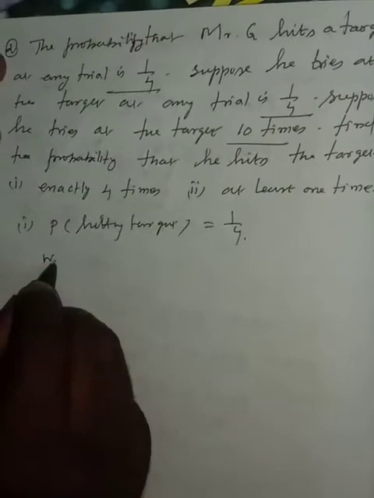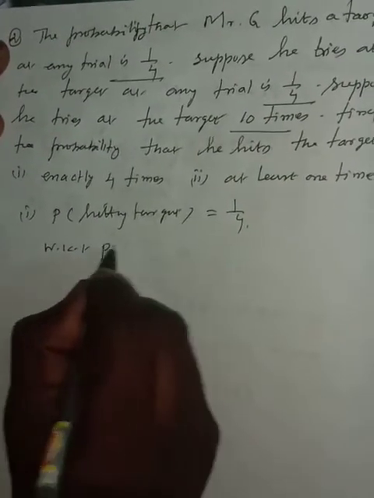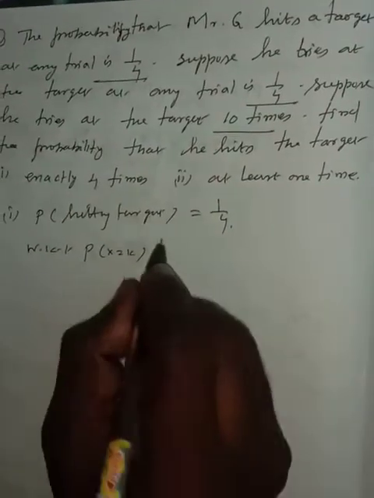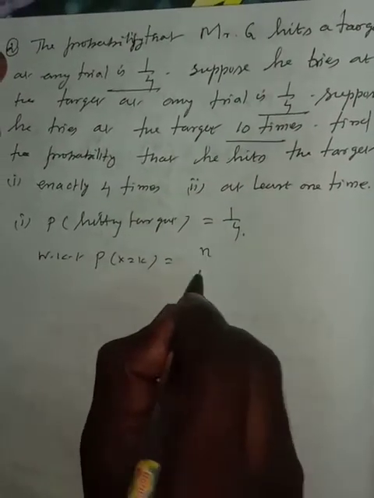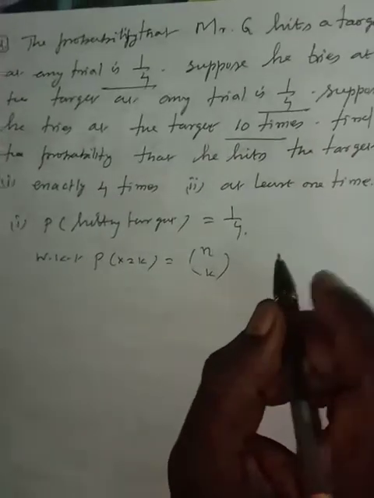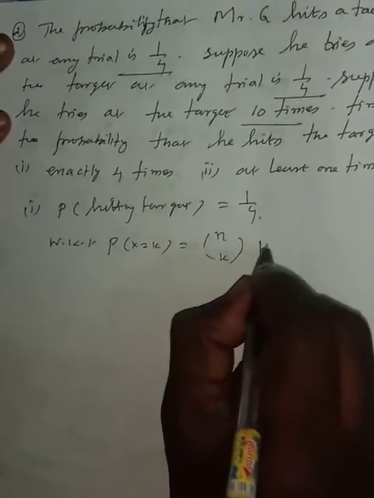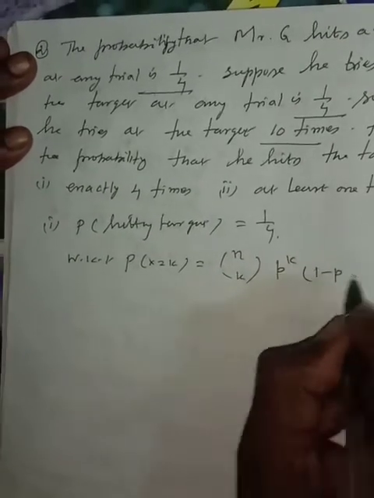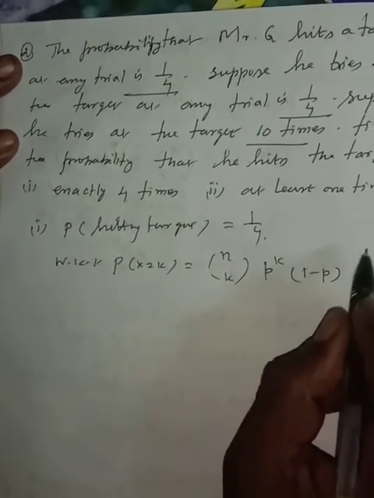We know that P of x equal to k is nCk, p to the power of k, 1 minus p, q, to the power of n minus k. In this case p plus q is equal to 1. Therefore 1 minus p whole to the power of n minus k.